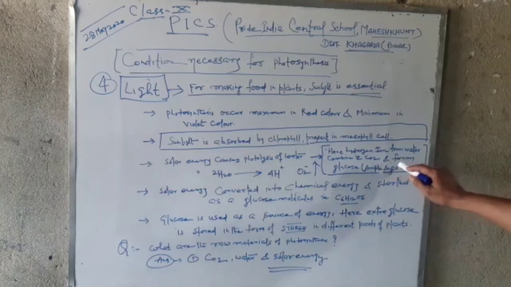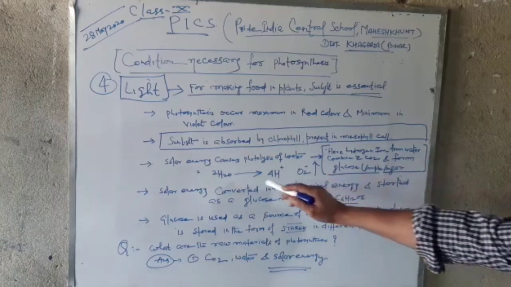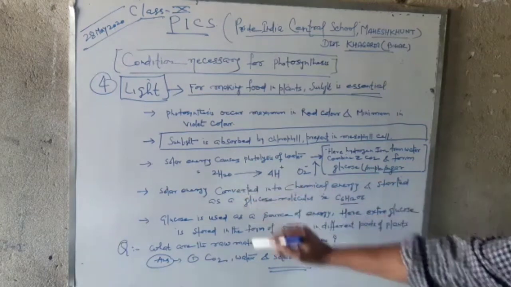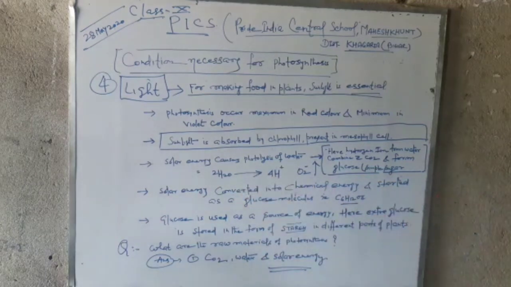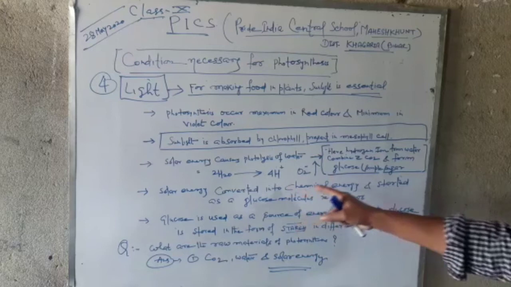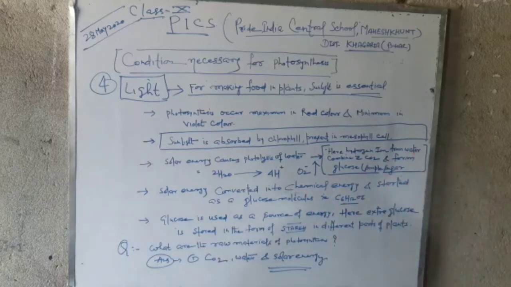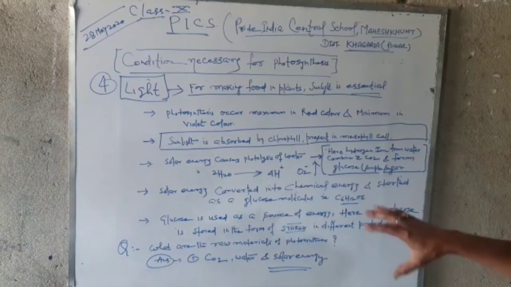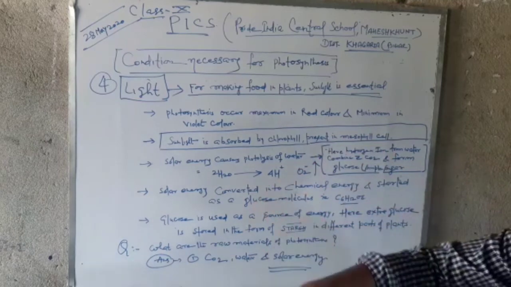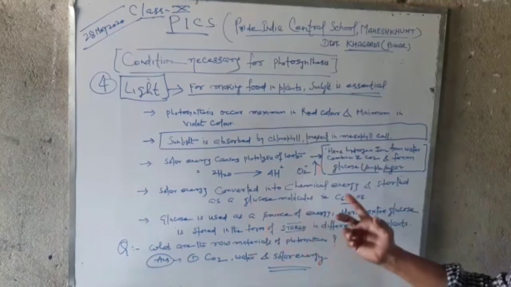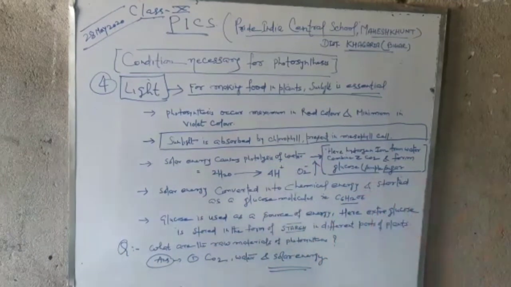Here the hydrogen ion from the water combines with carbon dioxide and forms simple sugar. So the formula of photosynthesis is CO2 plus H2O. The H2O combines with the carbon dioxide and gives the end product glucose, that is called simple sugar.